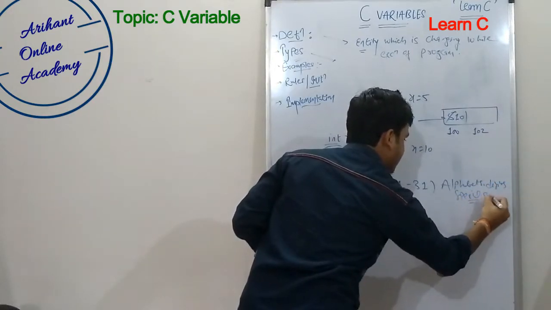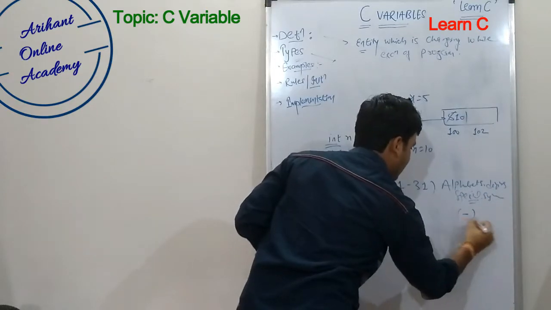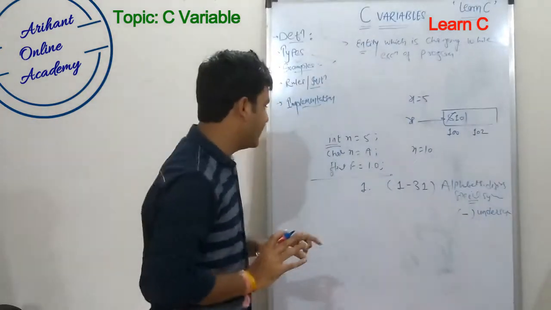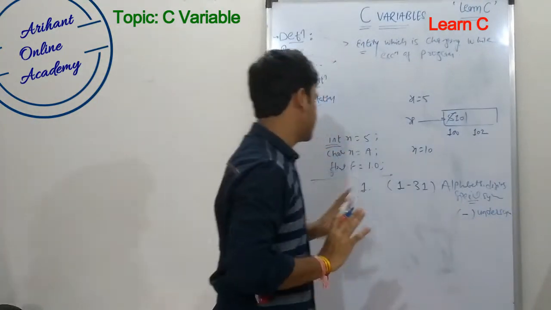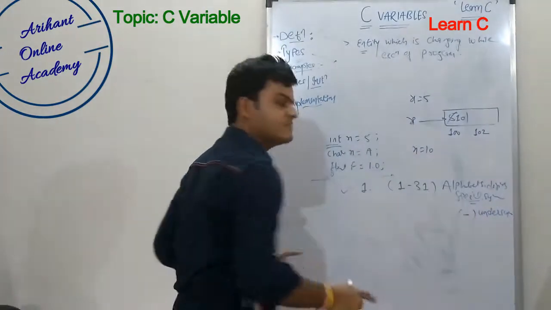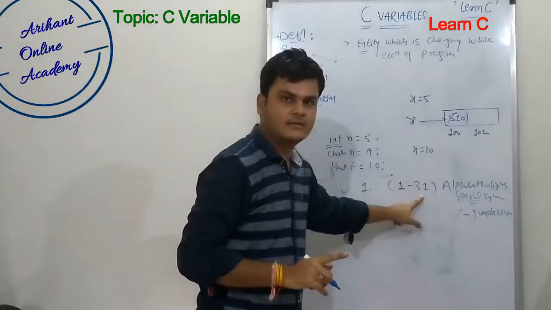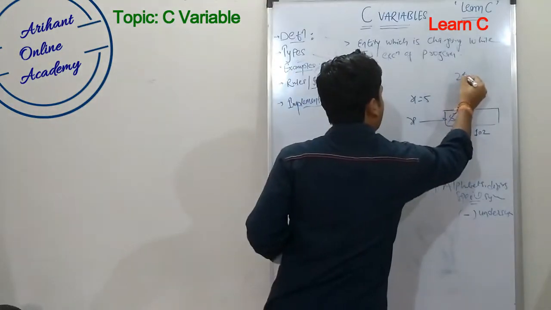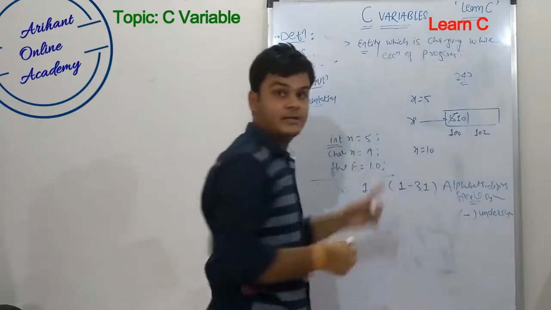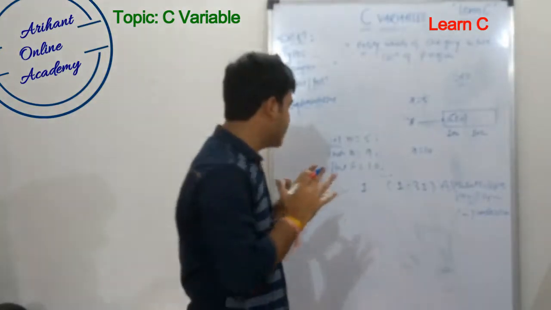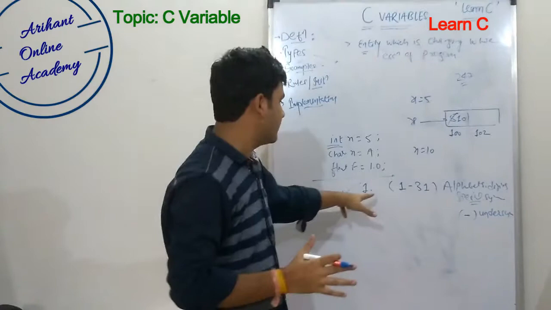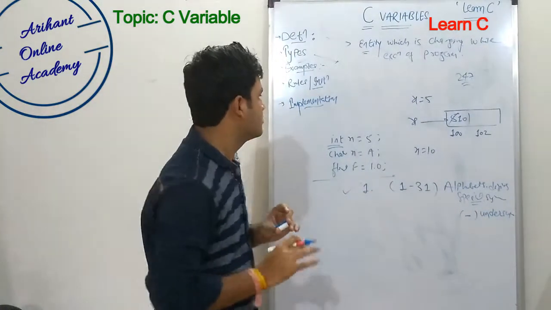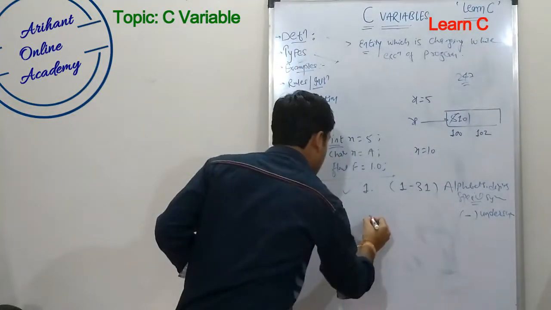But among special symbols, only underscore is allowed. This means the maximum length should be 31 characters. Some compilers also provide 247 characters, but for the strict rule, you should follow this limit because it will also reduce your typing.